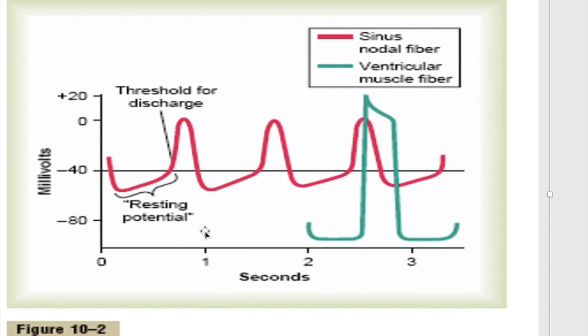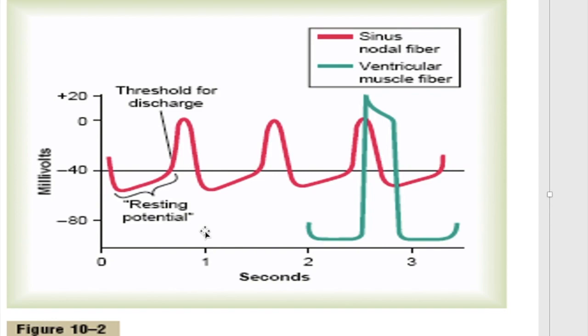Excitation of the ventricles is delayed by the AV node. Now this point is very important. Keep in mind that the ventricular excitation is a bit delayed, and it is delayed by the AV node, and then it is coordinated by high speed Purkinje fibers.